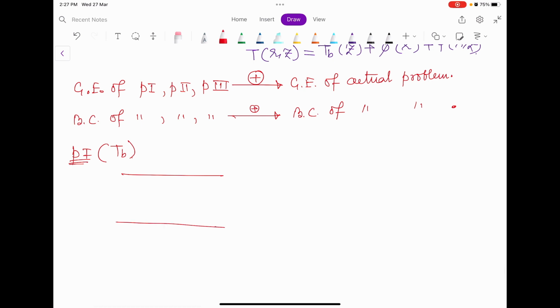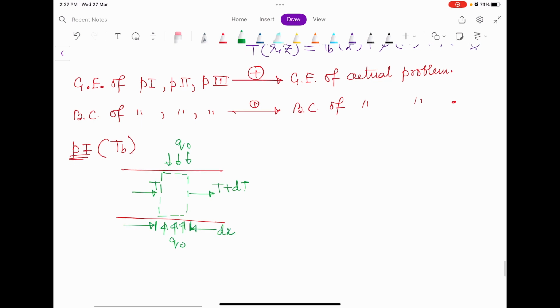Assume that I have a control volume here and I am applying some heat flux q naught here, and let us say I have some temperature T here, and this will be T plus dT because it will heat, over a length dz.